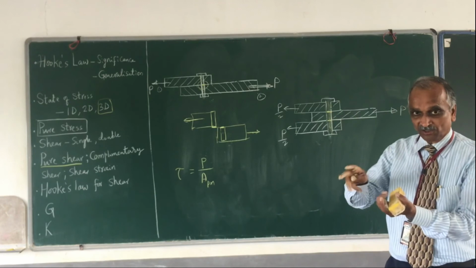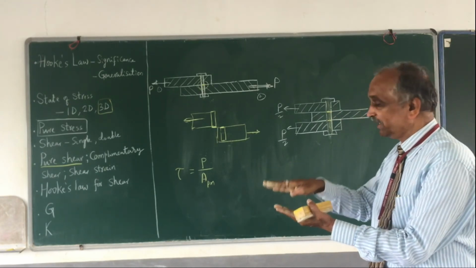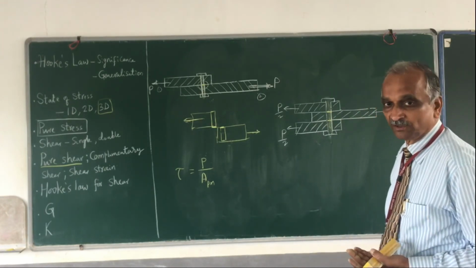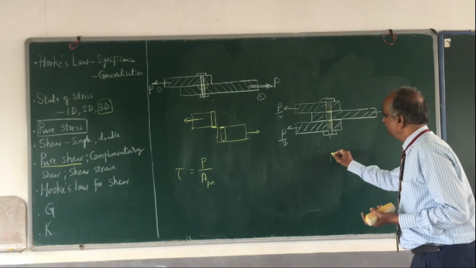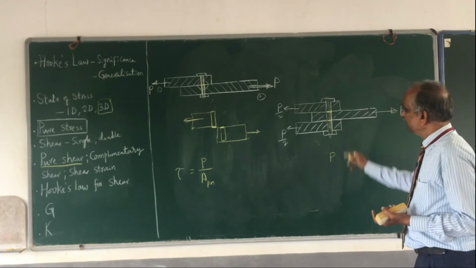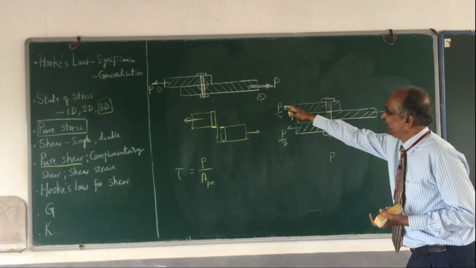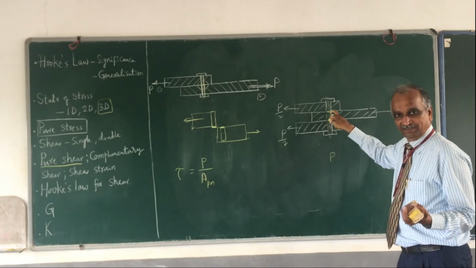Simultaneously the breaking happens, or it is subjected to that severity at 2 sections, and therefore, okay, so what is the load? Load is P divided by A, or P by 2 divided by A.